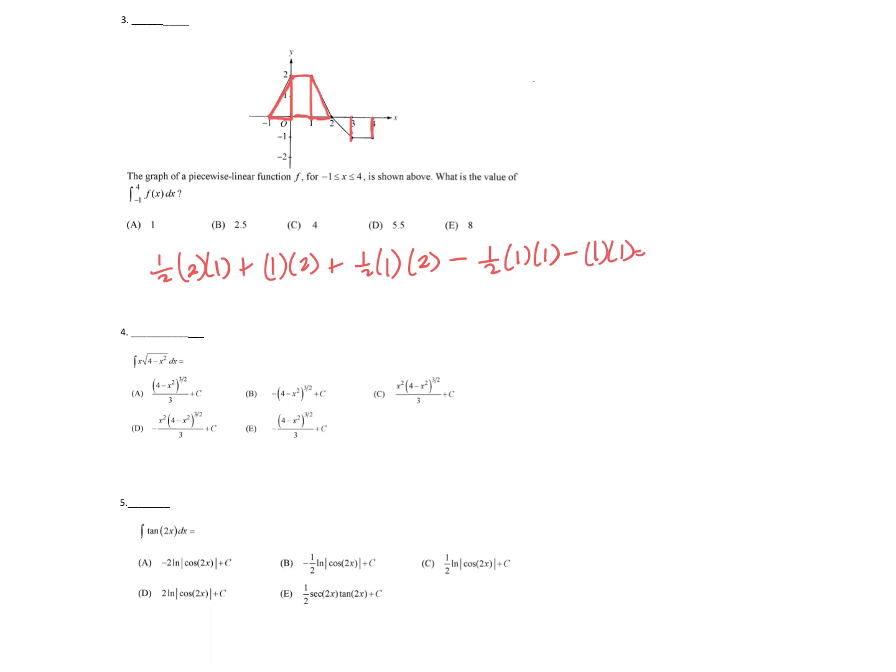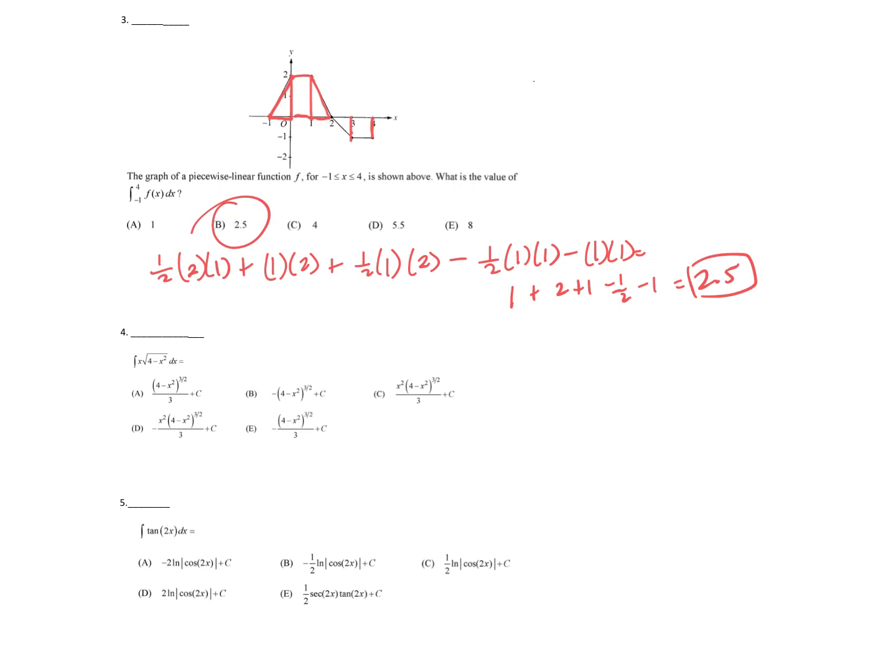So that ends up being 1 plus 2 plus 1 minus a half minus 1. So we get 3, 4, 2.5. Very easy as long as you understand that the integral is just saying what's the area under that graph, and then you remember that below is negative.